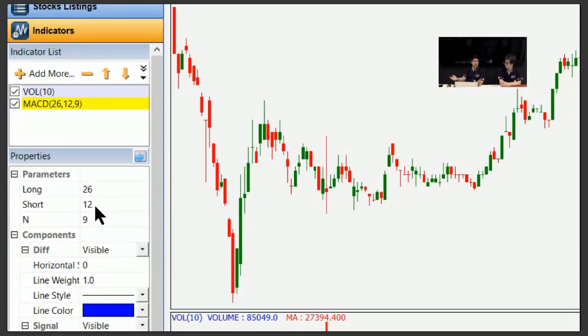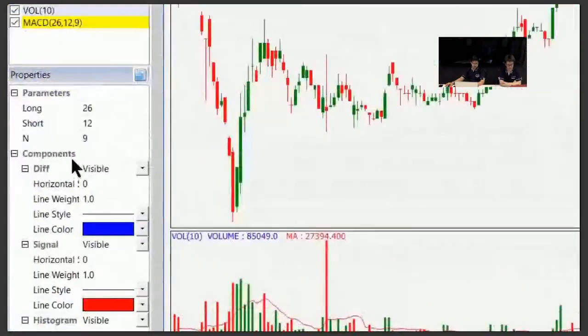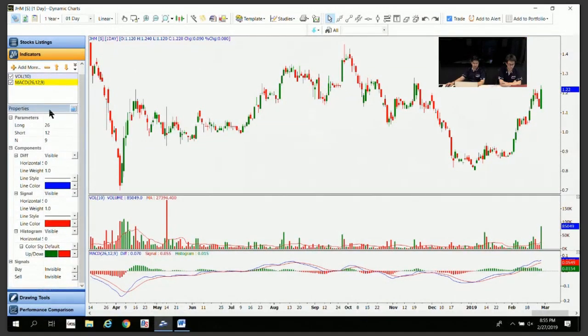It's up to the individual on how you would like to use MACD. But let's take the default one. Correct. And over here you can also see the different MACD lines. If you want to change the color, the style, all of those, you can change the signal line, the histogram line, all over here.